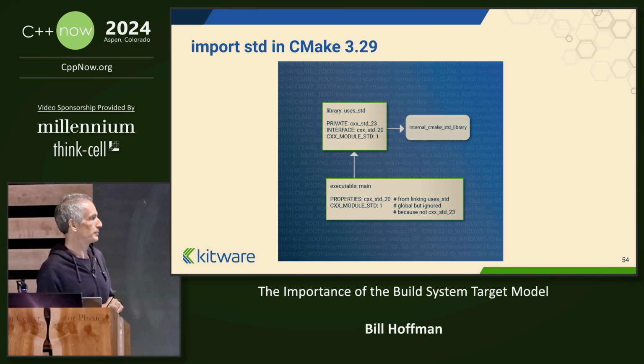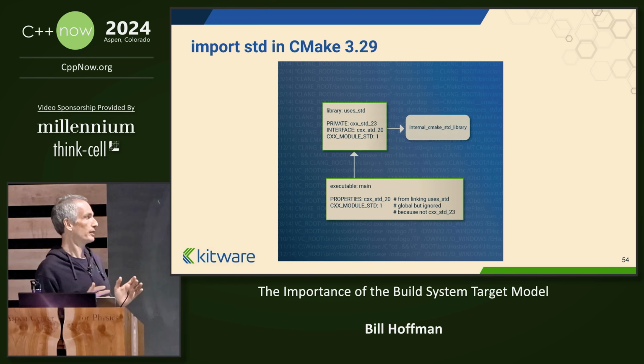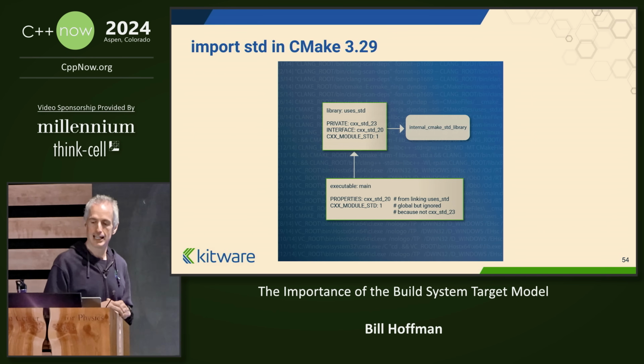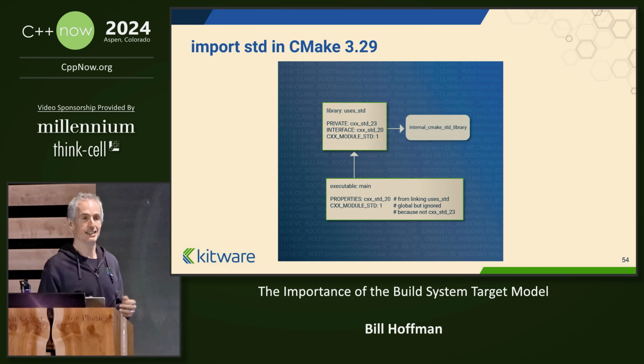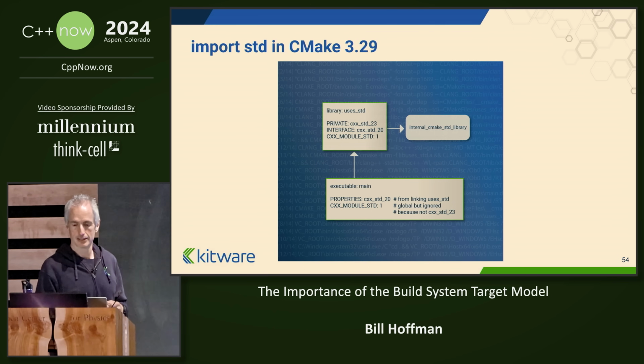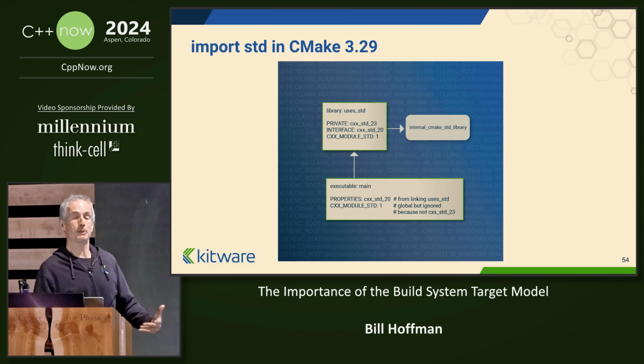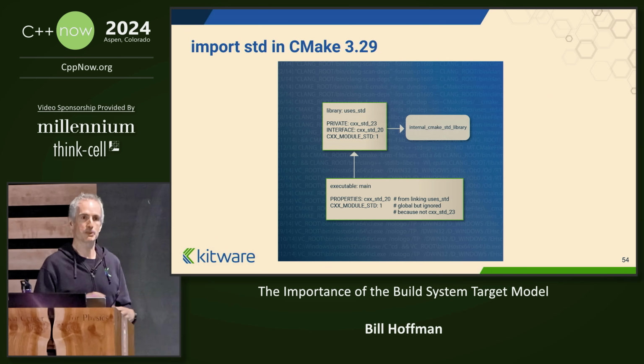It also has CXX_MODULE_STD 1, but it's ignored because it's only valid if I'm using C++ standard 23. And then CMake creates an internal target that's the CMake standard std library. And that's why it's in experimental mode right now. Right now, CMake creates that. It actually compiles some code and then builds the BMI.